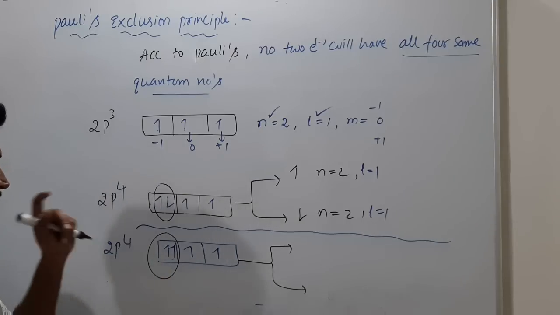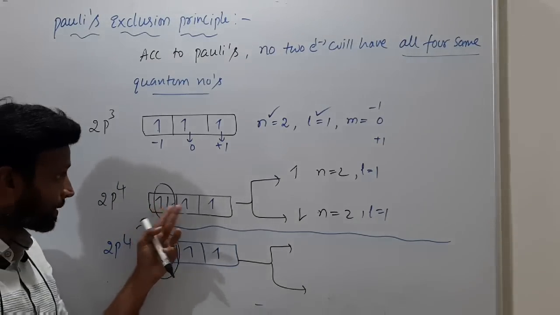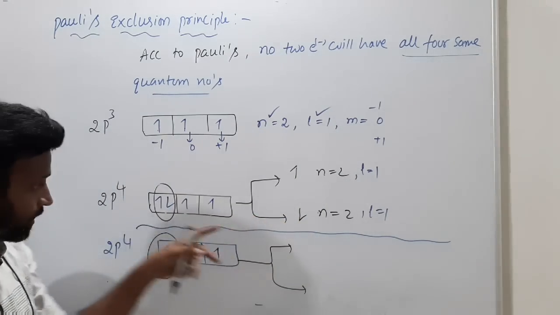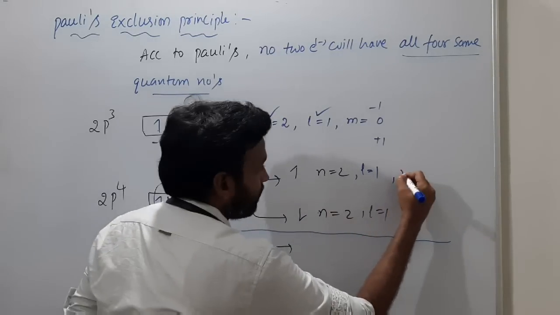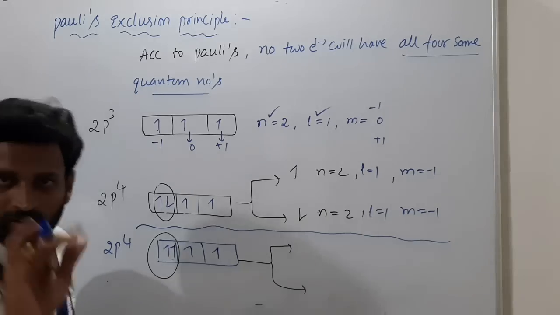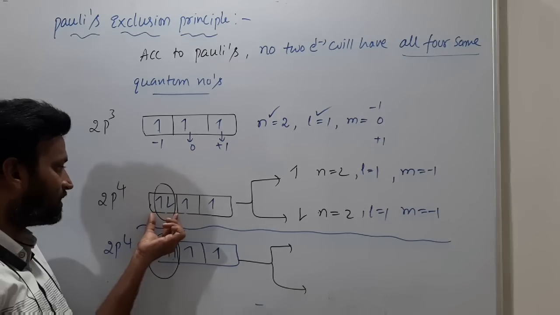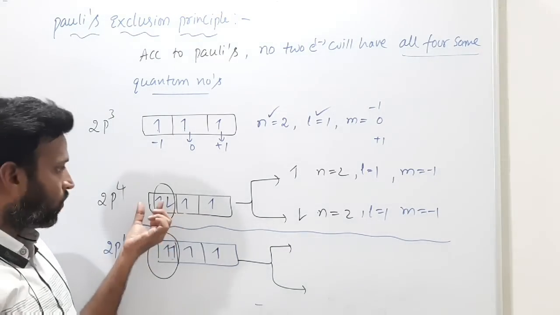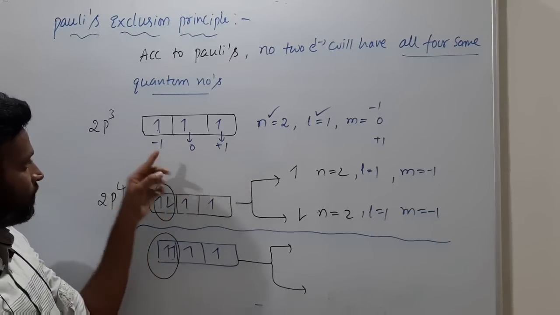Okay, no problem. And magnetic quantum number is also same for these 2 electrons. One is upwards, one is downwards, whatever. So for these 2 electrons, magnetic quantum number is also same. Suppose -1 and -1. Following everyone? How do you say that, sir? Because both are present in the same degenerate orbital, no? So if they are present in the same degenerate orbital, magnetic quantum number will be same or not?